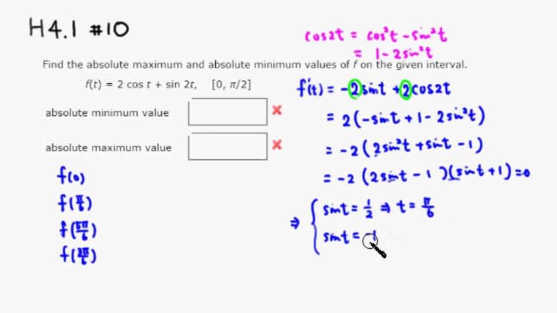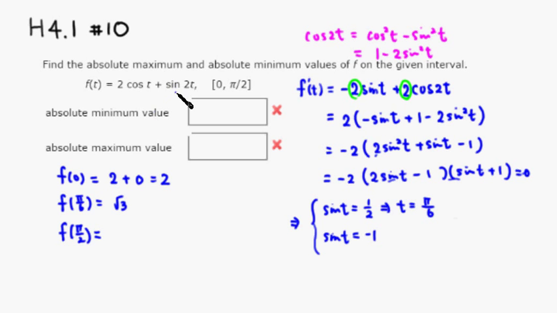So we just have to look at 0, pi over 6, and pi over 2. Let's find those values. If you plug in 0, cosine of 0 is 1, so it's 2, plus sine of 0 is 0, so this is 2. Cosine of pi over 6 is square root of 3 over 2, times 2, so it's square root of 3.